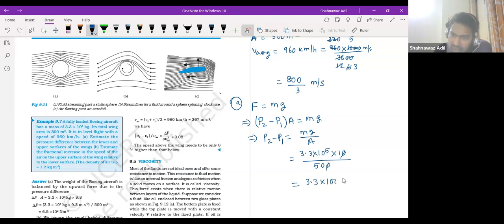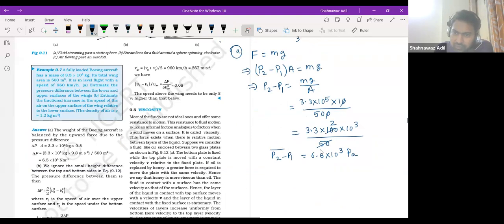So 100, and then this is 10 to the power 4, and this is 50. So this is 6.6 into 10 to the power 3 Pascal, right? So this is the pressure difference. Is this thing clear, guys? Yes, sir. So this part was the pressure difference.